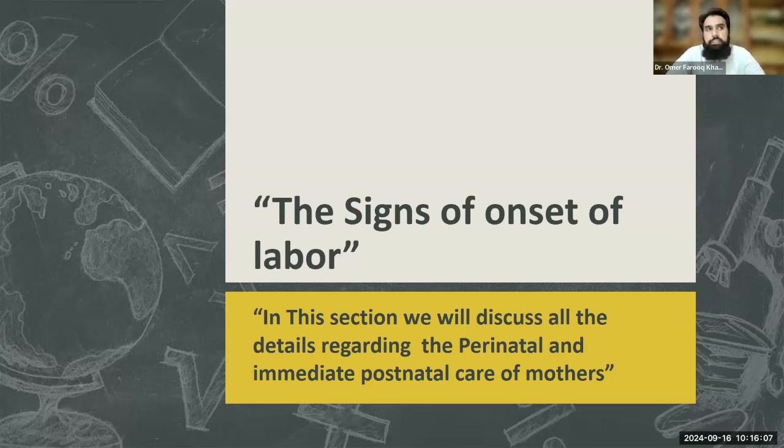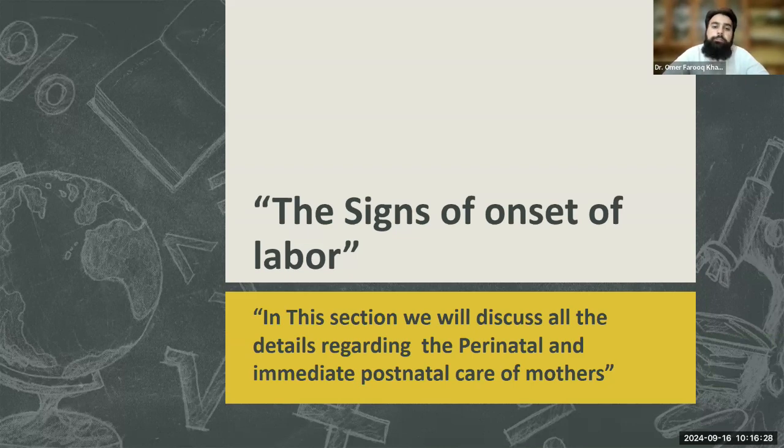So when the gestation period is complete, the body of the woman starts a process of expulsion of the fetus or the baby inside the womb, and that process is called the labor process, as we discussed in the basic definitions.